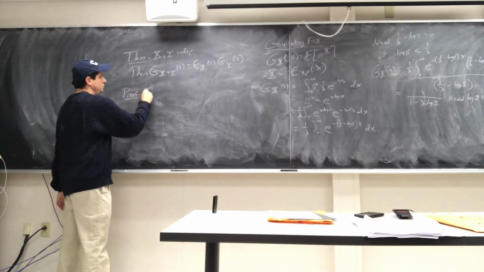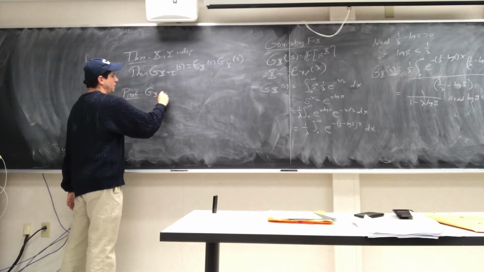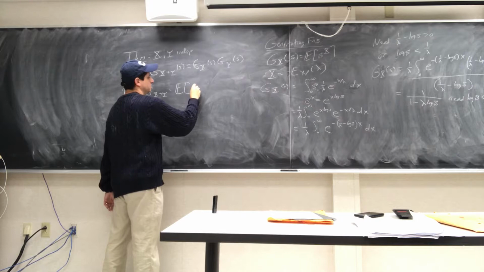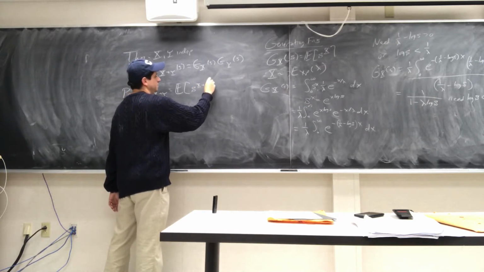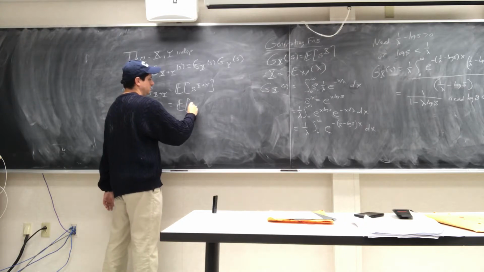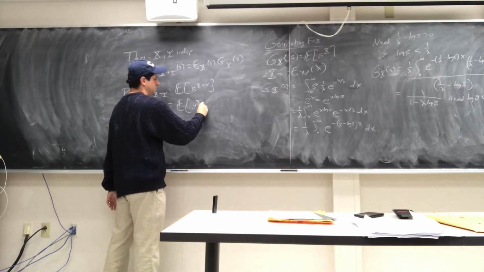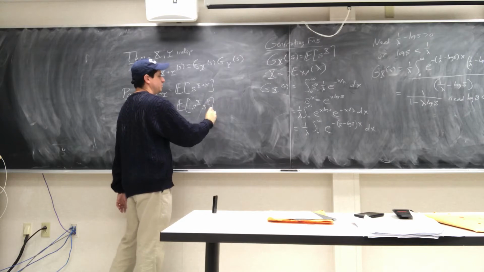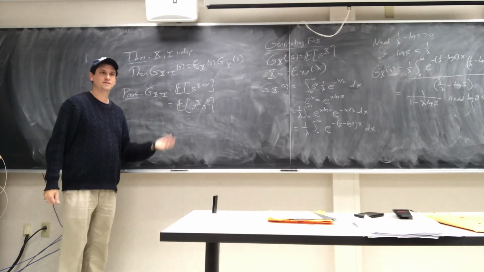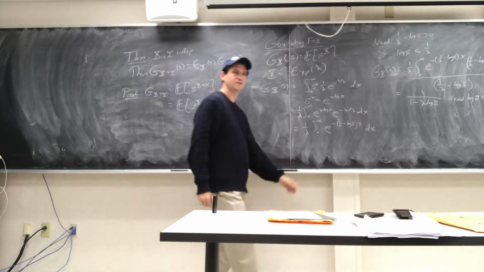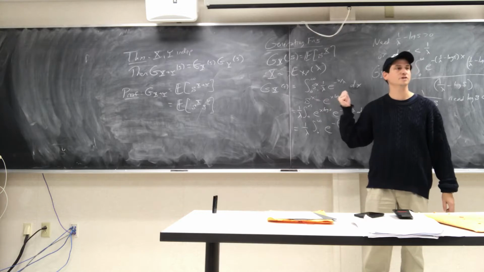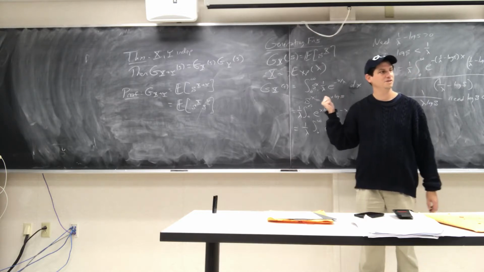So proof. Well, the generating function of x plus y is the expected value of s to the x plus y, which is the expected value of s to the x times s to the y. So what should we do now? We've got the expected value of a product. What would you like to do? They're independent. Good.